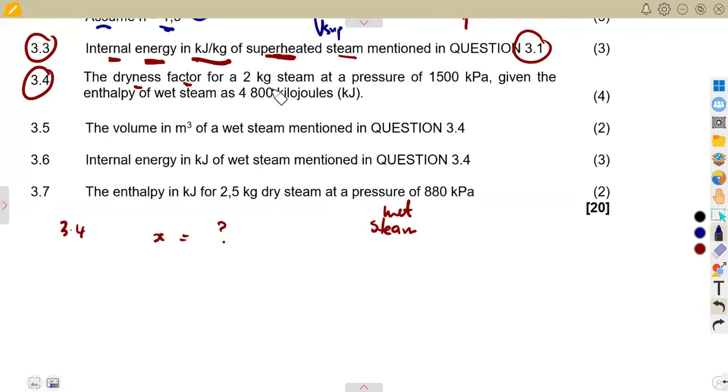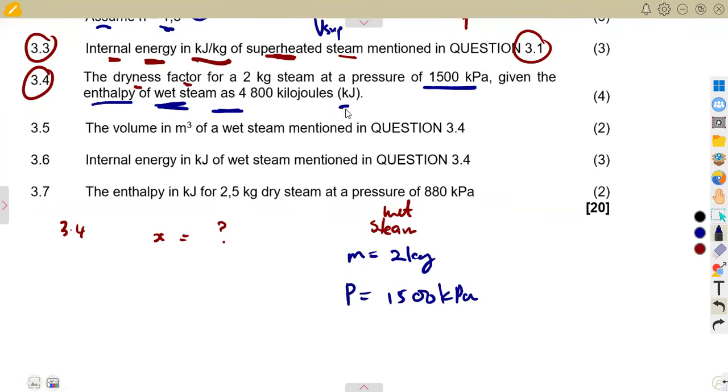For 2 kilograms of steam, so this is the mass of wet steam. That is wet steam now. The moment of dryness factor, the steam is wet. So we've got the mass of 2 kilograms at a pressure of 1,500 kilopascal, given the enthalpy of wet steam as there.